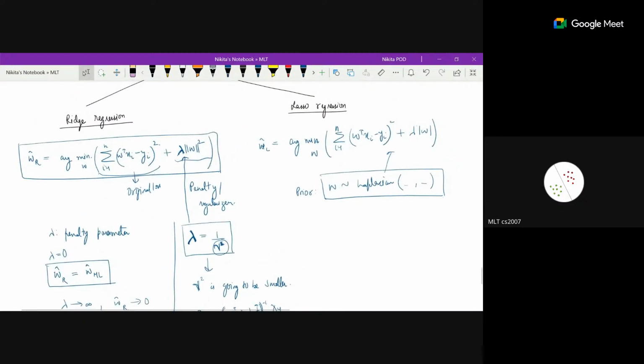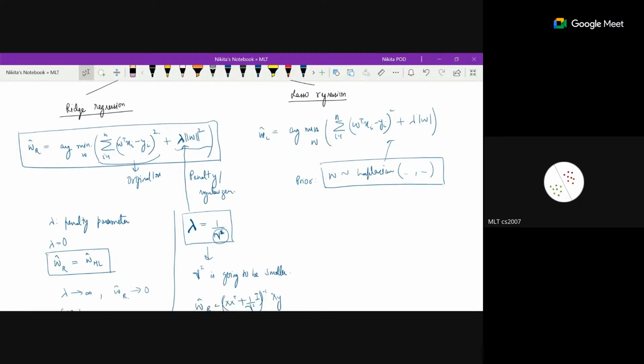Now in lasso regression, it is not just pushing W towards 0, but it is actually able to make some of the W's exactly 0.